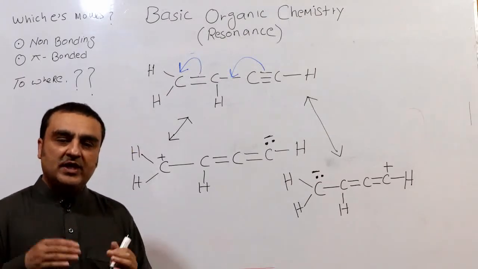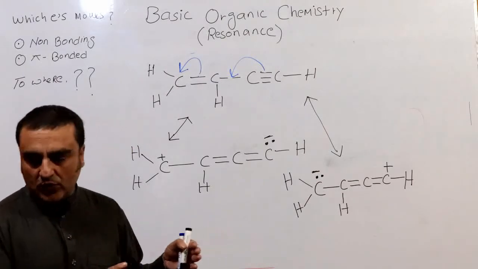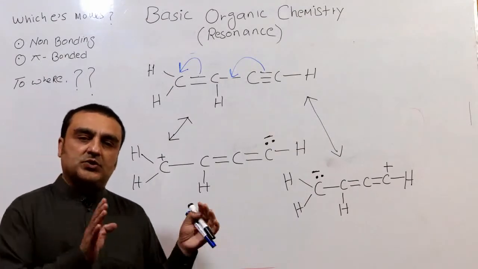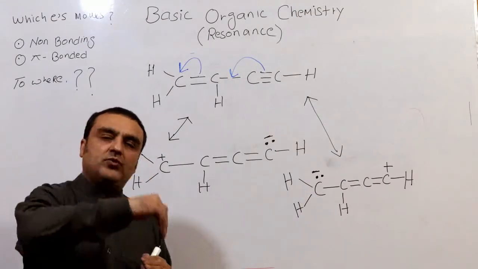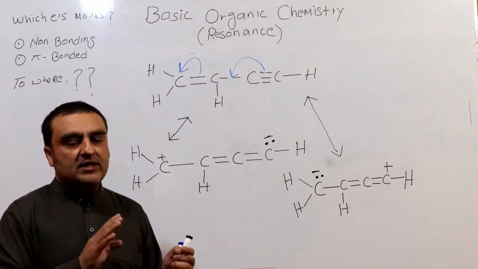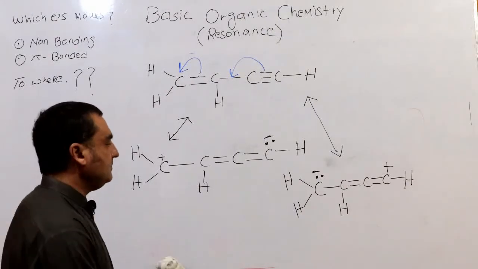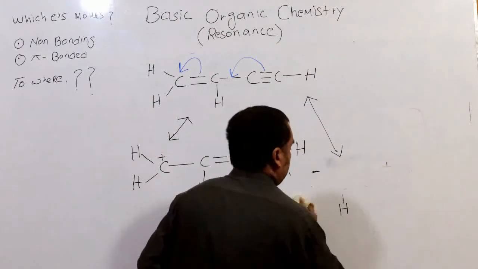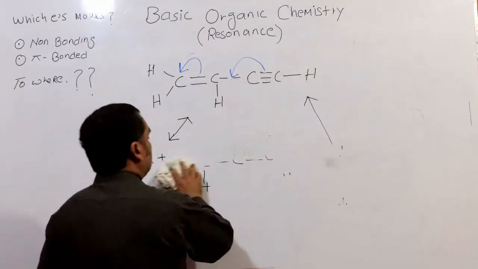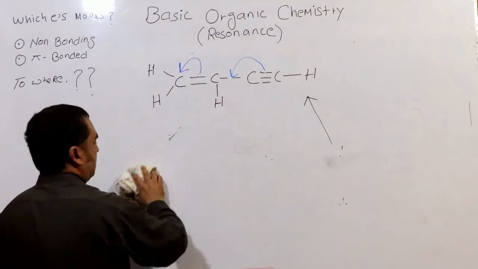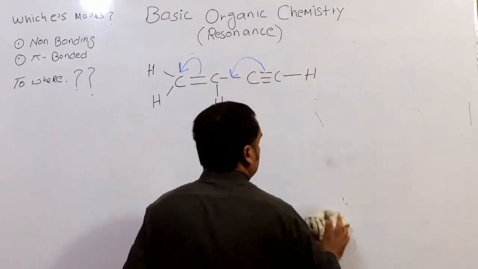It will be clear to you when we discuss the rules of resonance. I just want to show you what the legal moves in resonance are. Okay, we are just focusing on the legal moves. So these are the structures which could be drawn.